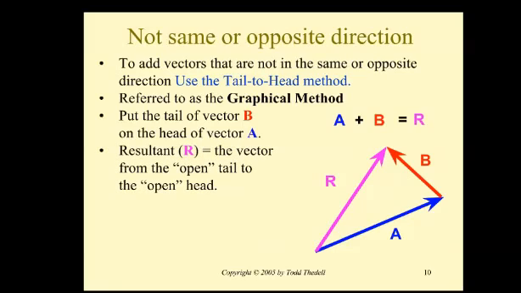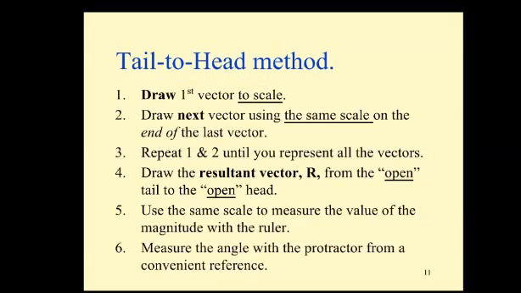You can see how the purple one is drawn in there. That vector R represents the sum of the two vectors A and B. Then to find the value of the result, we measure. I've got some steps that I'm going to go through to show you how to do that, and then we'll do some examples.